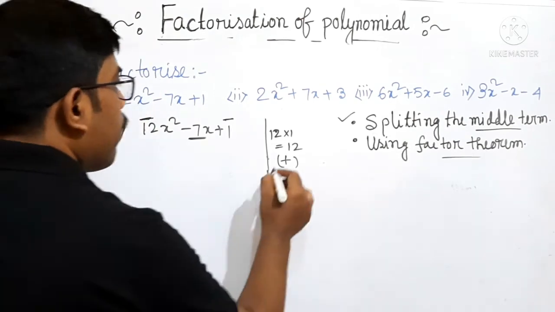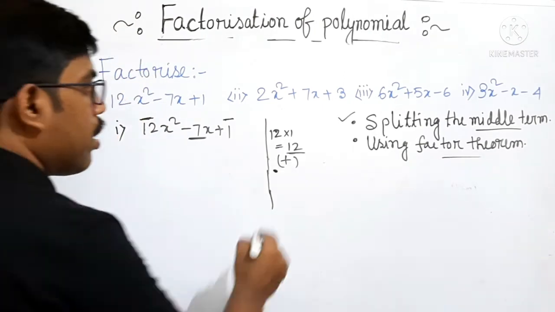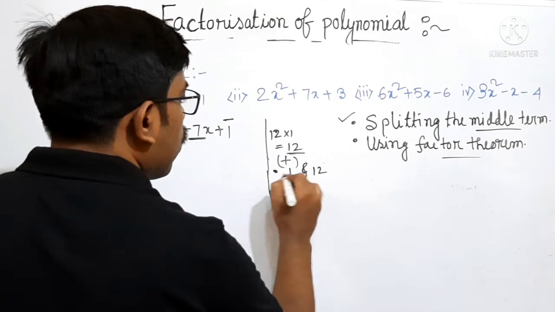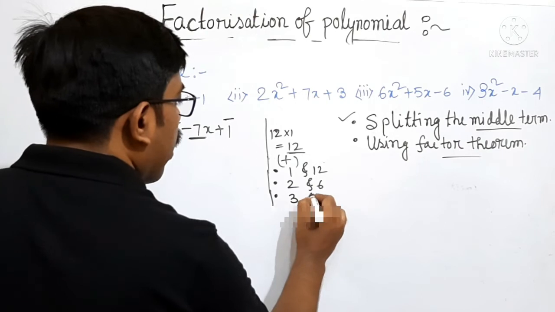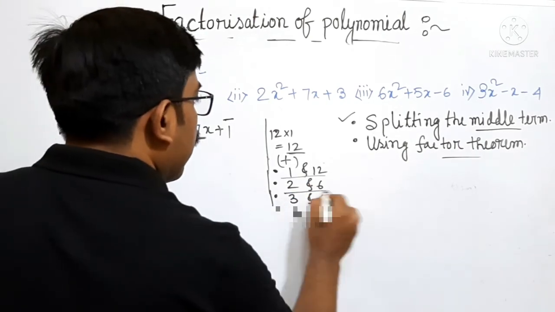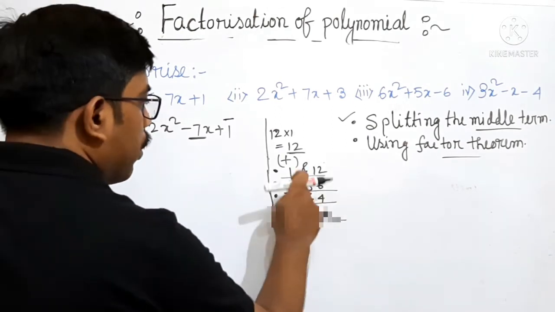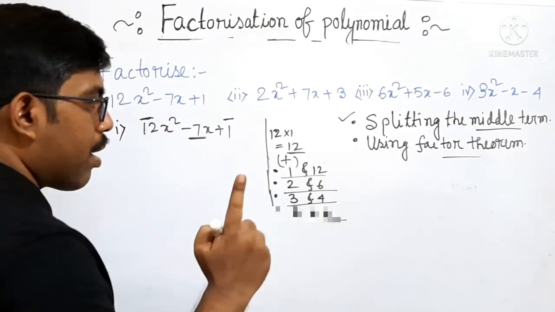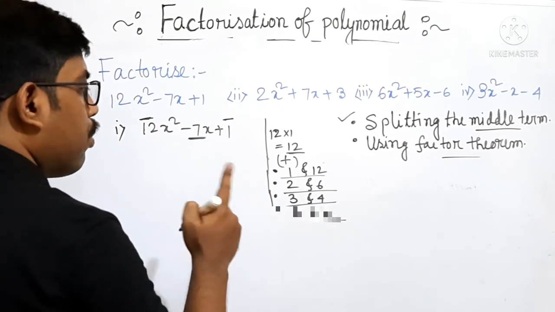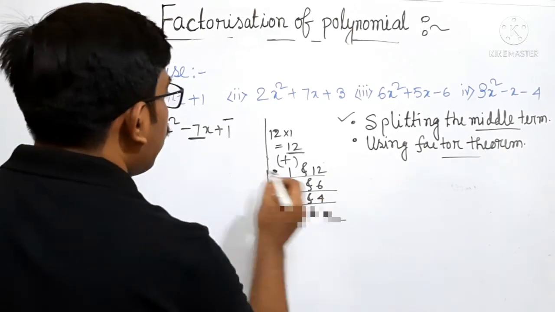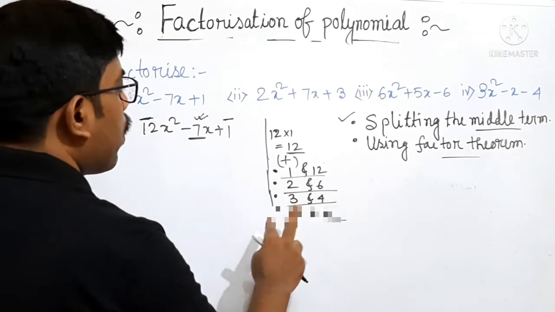Just follow me. 12 can be factorized in many ways: 1 and 12, because 12 ones are 12; next 2 and 6; next 3 and 4. Here you can see in each pair there are two numbers. Now we have to choose only one pair, such that the sum of these numbers will be 7.